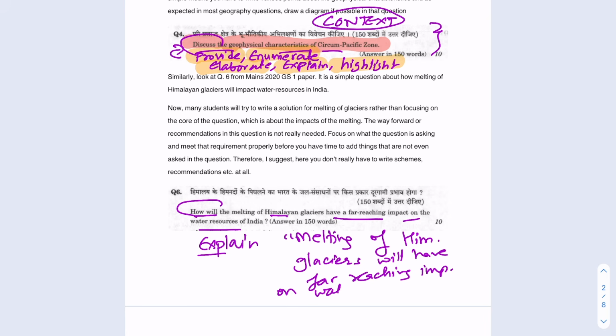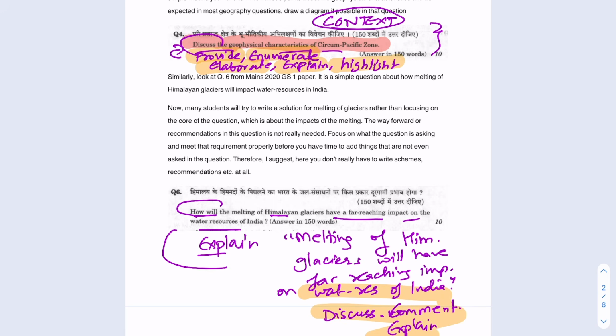After that they had put discuss, or comment, or explain. Would the question change? No, the question would not change.